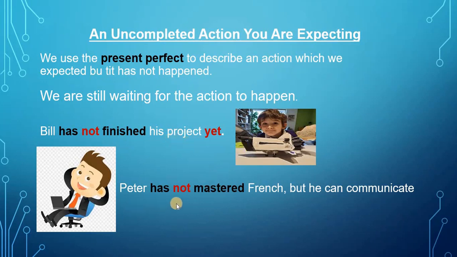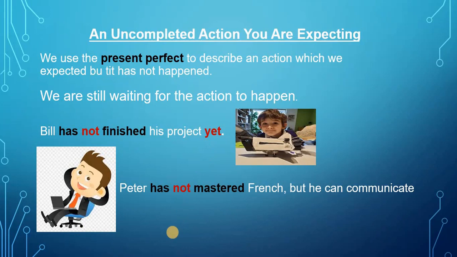Peter has not mastered French, but he can communicate. So again, in black, has finished, has mastered, we have the present perfect, and in red we have here not, yet, and not.